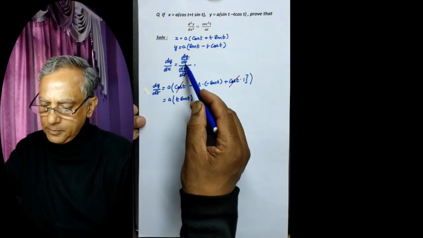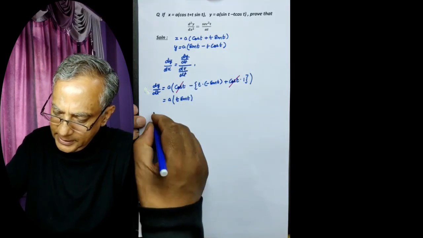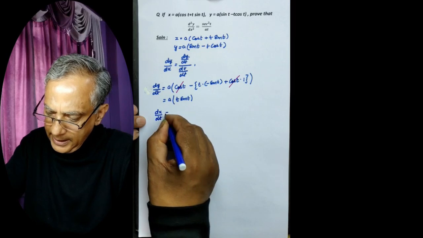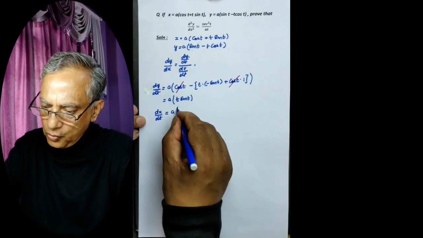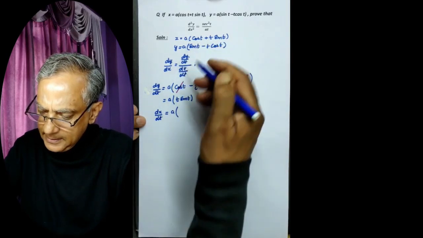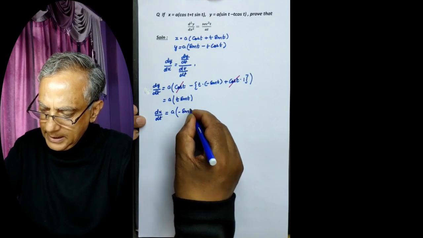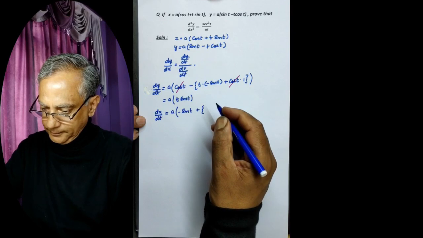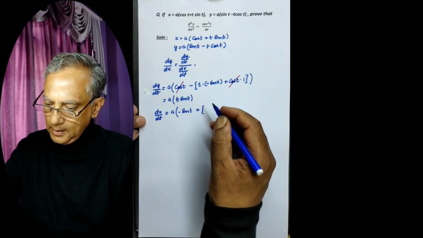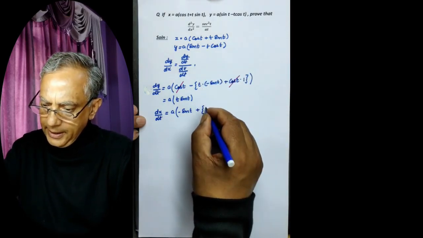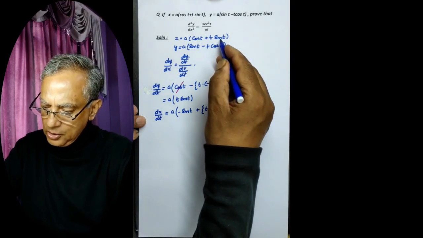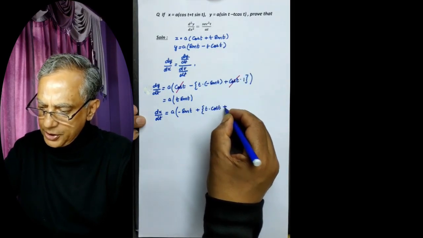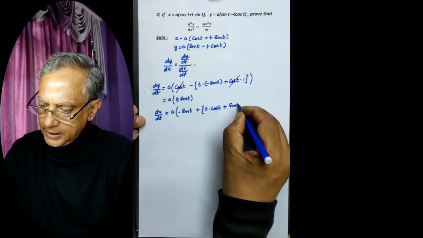Now we obtain dx by dt. So this is dx by dt. This is equal to a into differentiation of cos t is minus sine t plus first function t into differentiation of sine t is cos t plus second function, that is sine t into differentiation of first is 1.